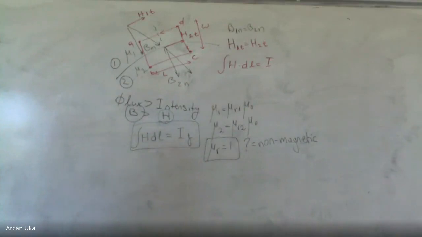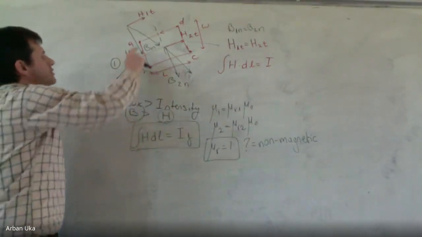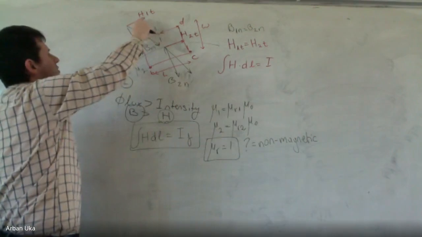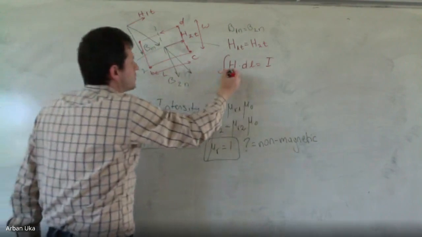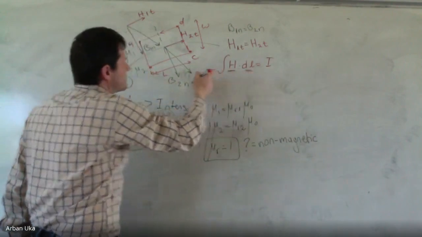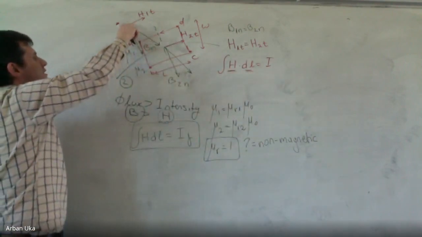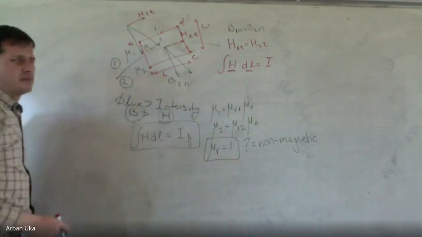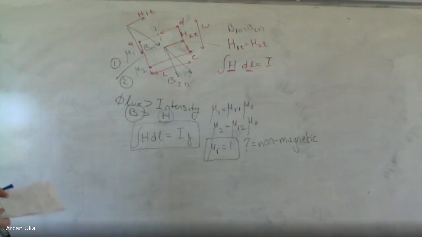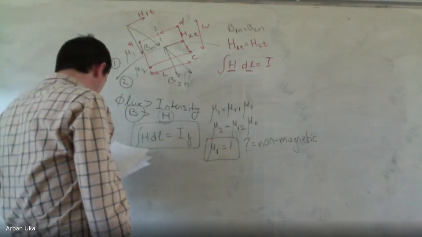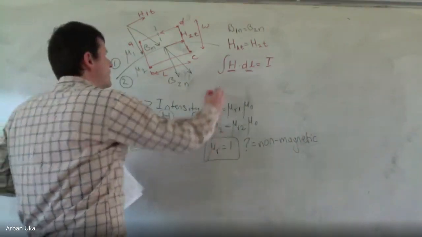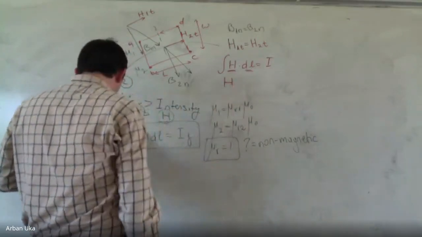And if we do this, we see that also the direction matters. Since this is a dot product with DL, we have to consider only this component of the magnetic field intensity H. So in this case, we can have H1.